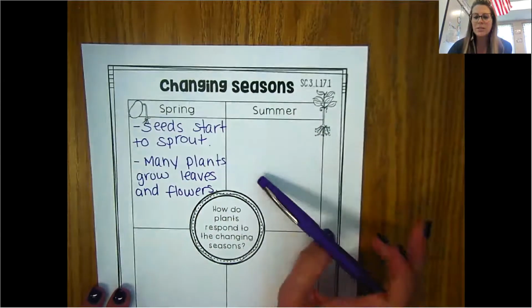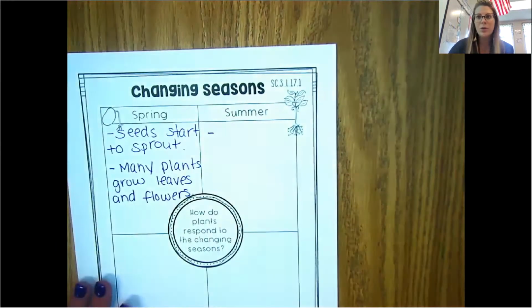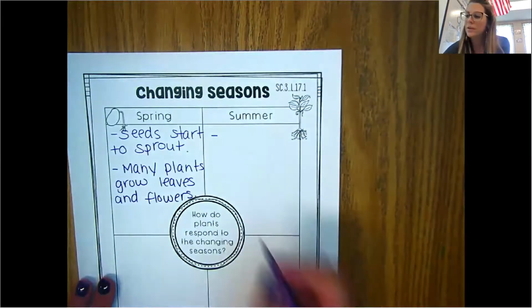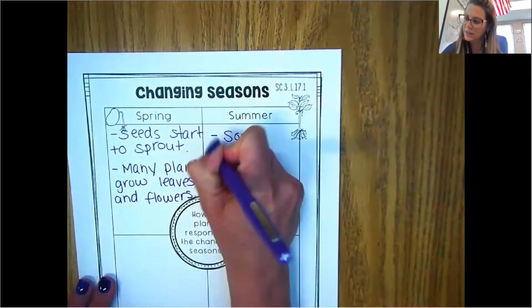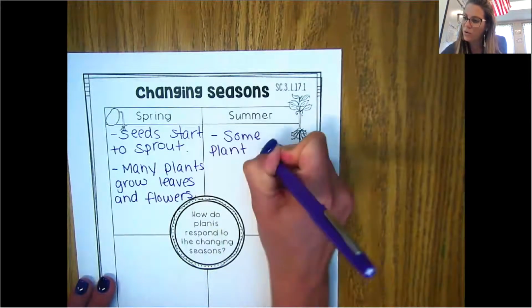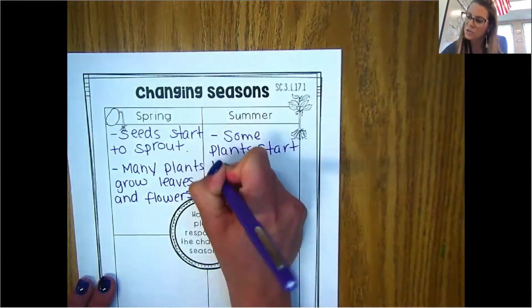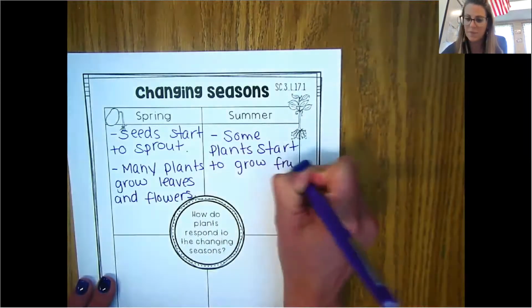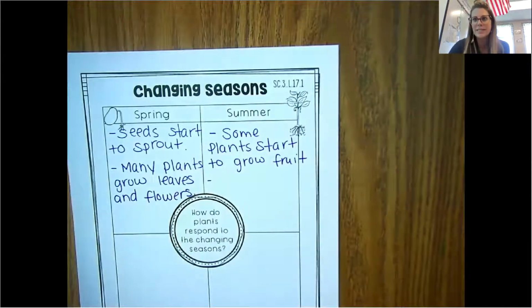All right, what about summer? Do you remember, what do plants start to grow in the summer? Some plants start to grow fruit in the summertime. And then what about on trees, the branches?